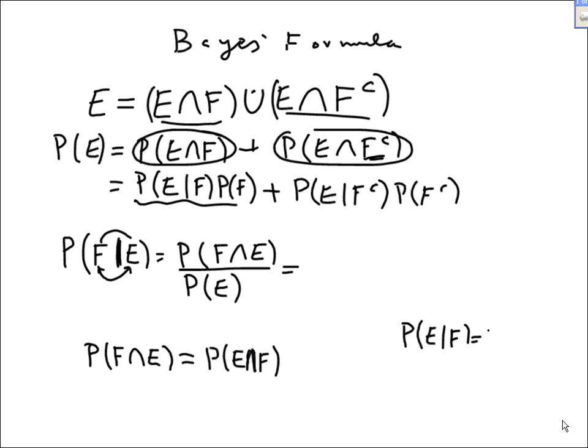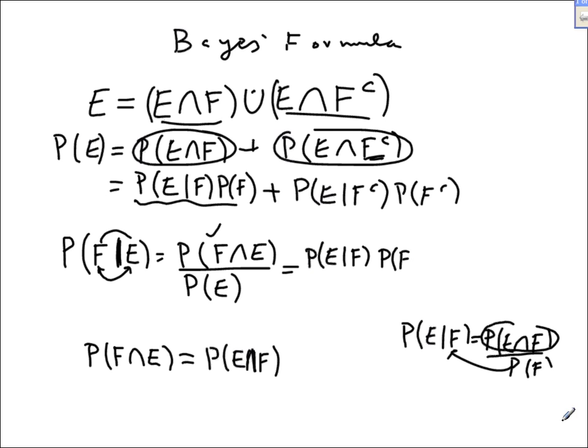The probability of E given F is the probability of E and F, or F and E, divided by the probability of F. And we can always multiply those two. That is, this here, which is what I have on top, is nothing more than the probability of E given F times the probability of F.